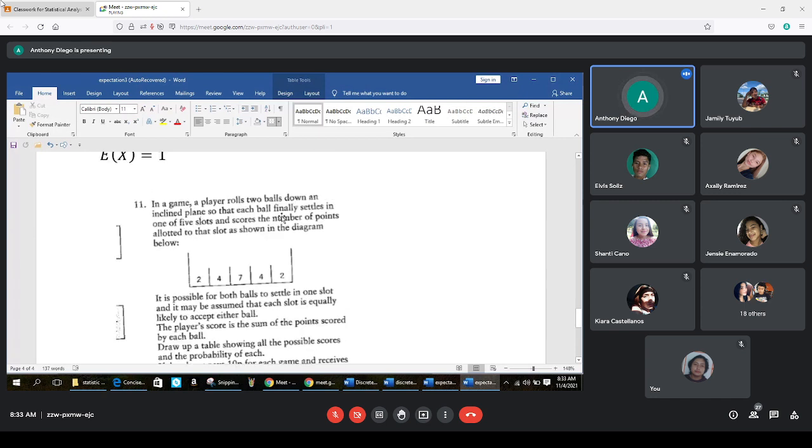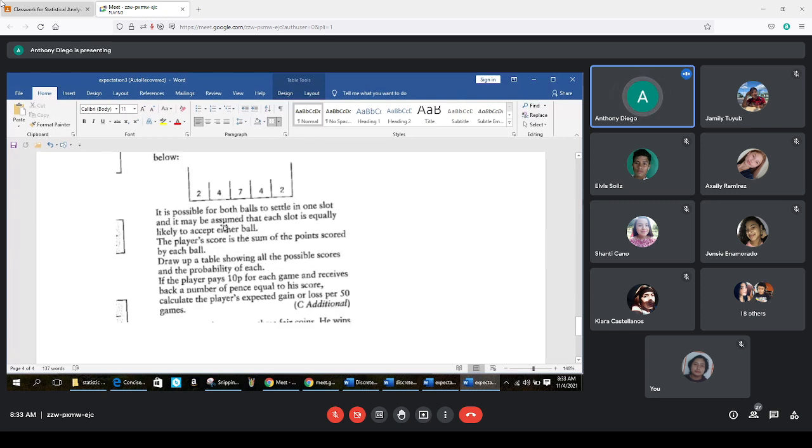Now they're asking us the question. It said here, it is possible for both balls to settle. We have already seen this. And it may be assumed that each slot is equally likely to accept either ball. The player's score is the sum of the points. We have done that. Showing all the possible scores and the probability of each. That was the last thing that we just did.